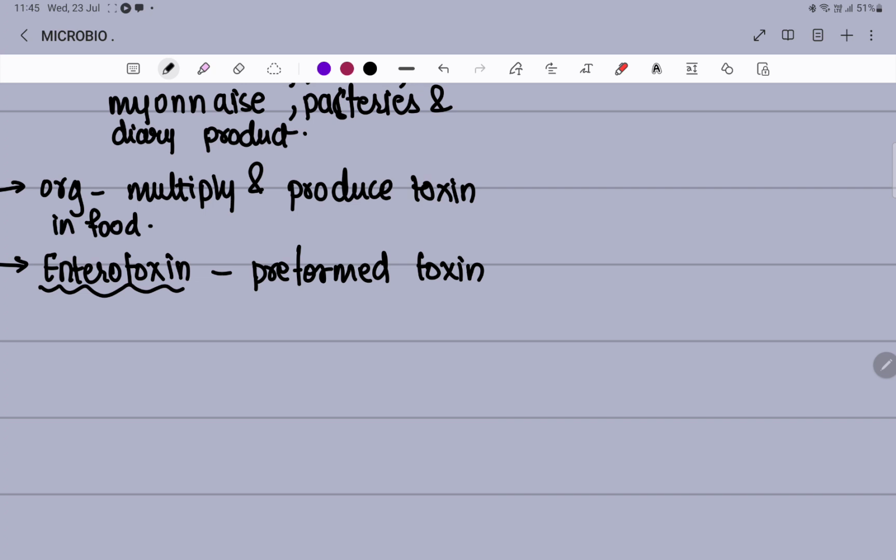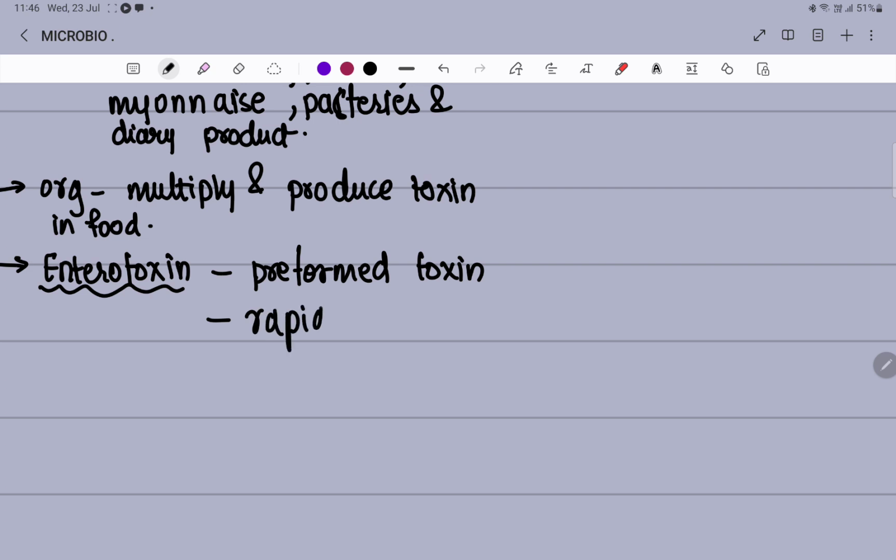So nearly 50% of S. aureus strains express this enterotoxin. In most of them it is a preformed toxin. It is already formed and secreted in the food before consumption. It doesn't get secreted inside our body. Before we eat the food, it is already present in the food, so that it can act rapidly.